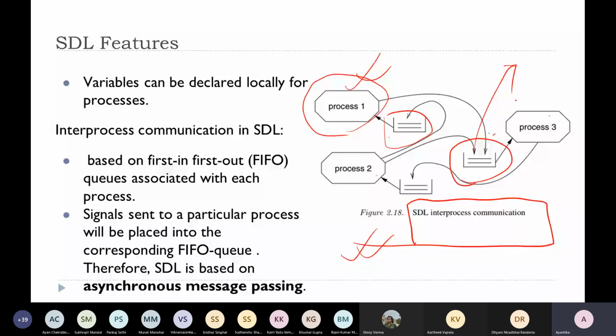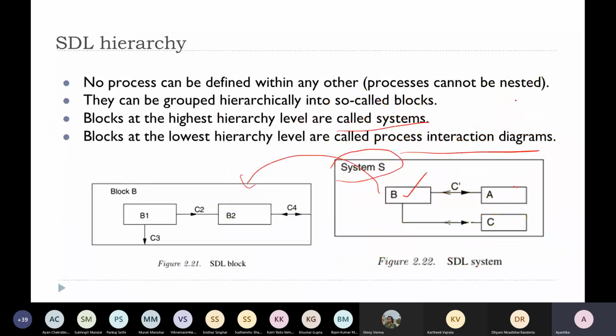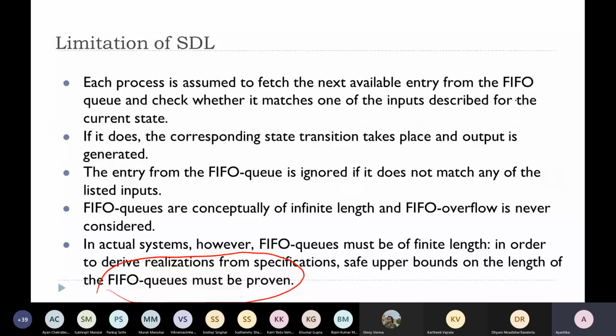Maybe if some process is sending too many signals to another process, maybe process 1 is sending too many signals to process 3, then after some time not all the communicating messages can be sent to process 3 due to the overflow of this FIFO. So this is the main limitation when we are talking about FIFO.